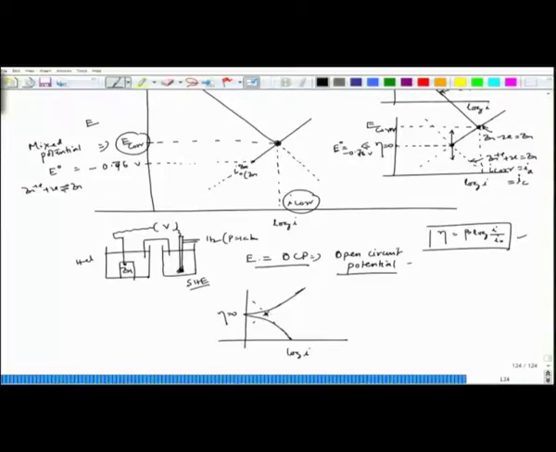So, this is my I_0, and when I_0 is achieved, there is no net current flow in the system. Similarly, here it is M^n+ plus n e equal to M, as well as the forward and backward reactions. This is the non-corroding situation, or single electrode case.